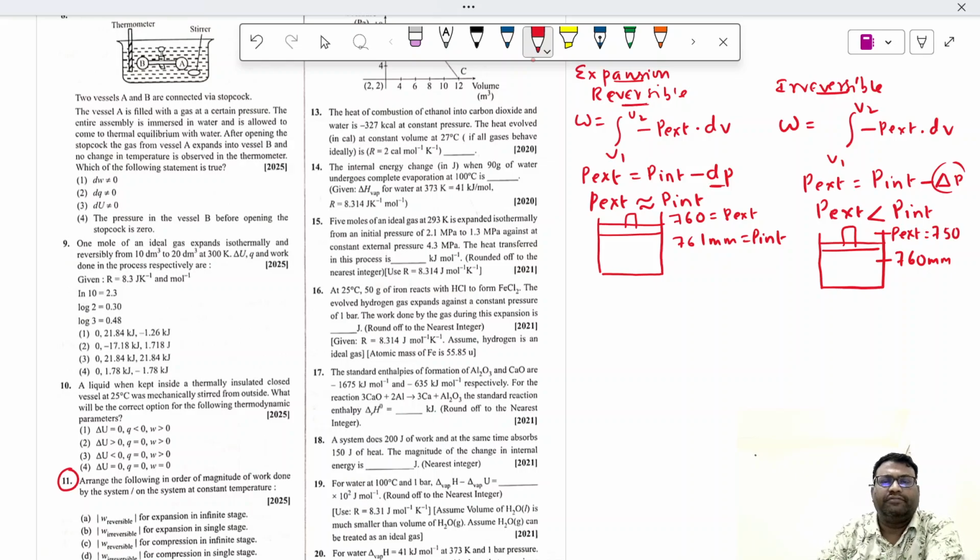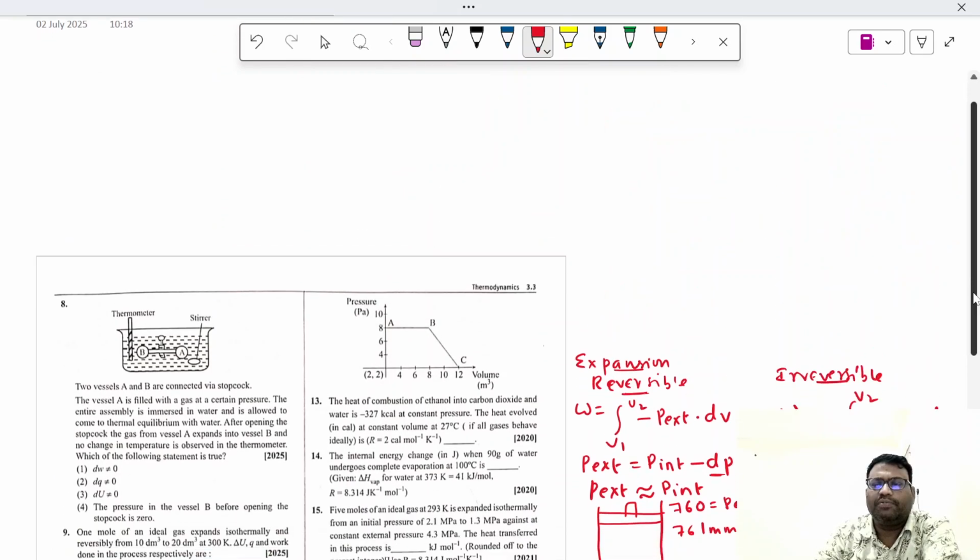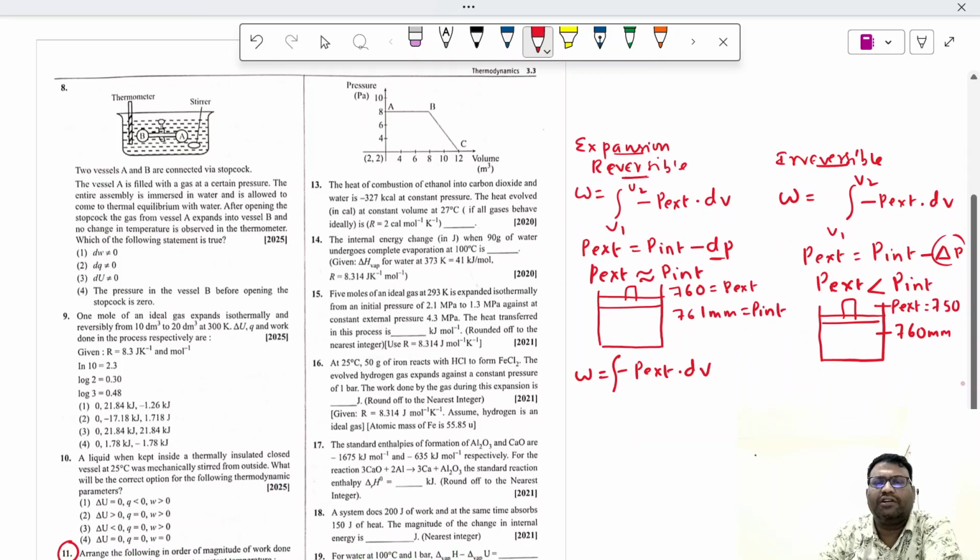Okay. Now we know that work done is given by the formula minus P external into dV. So more the external pressure, more the work done. So where is external pressure more? In a reversible process, you are finding external pressure more.